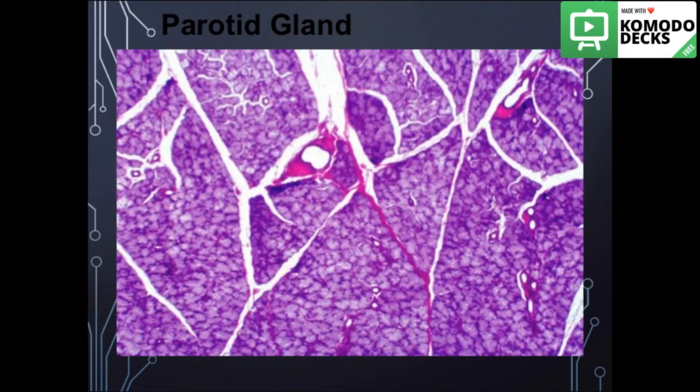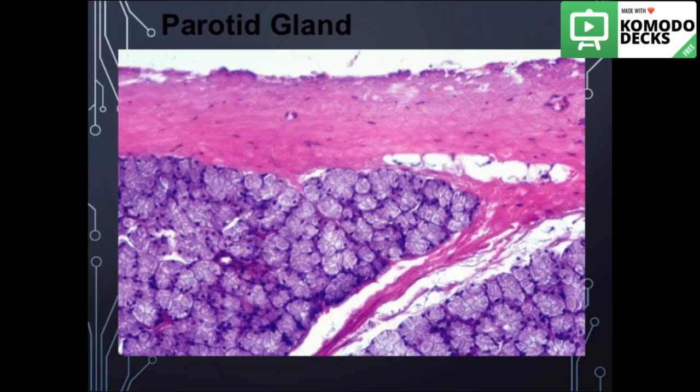Magnified view showing the serous acini with the striated ducts penetrating and the collecting ducts in the connective tissue septa. Near the capsule, the connective tissue capsule and the fat cells are seen.